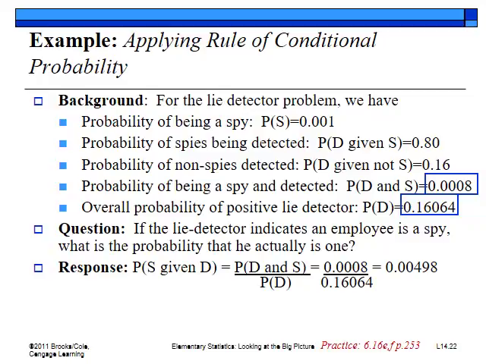Well, our rule says that the probability of being a spy given a positive lie detector test, that's the probability of S given D, can be computed as the probability of D and S, which is 0.0008, which, by the way, was computed from these first two lines, multiplying together, divided by the probability of D, which was given as 0.16064.